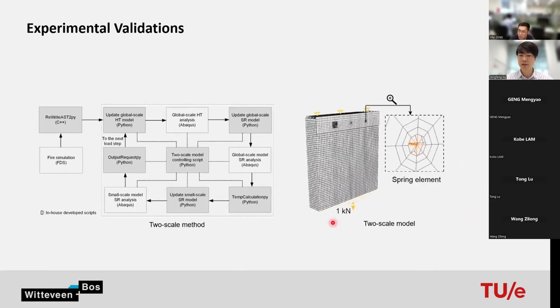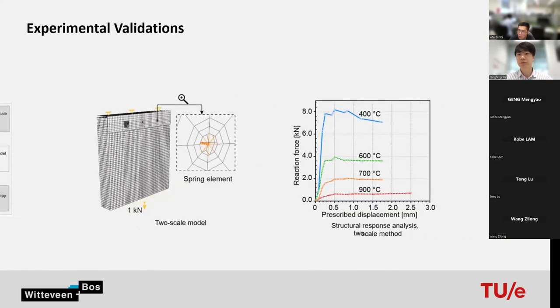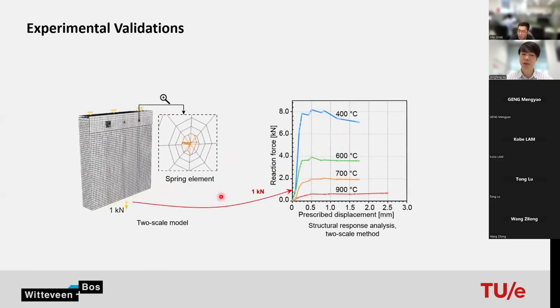So I established a two-scale model. You can see here is our spring element, and here is our small-scale screw connection. I ran the simulation at different temperatures. It tells us that with that 1 kilonewton external load, the failure temperature will be 800 degrees Celsius. Of course, if you have a 2 kilonewton external load, the failure temperature will be 700 degrees Celsius, and so on.